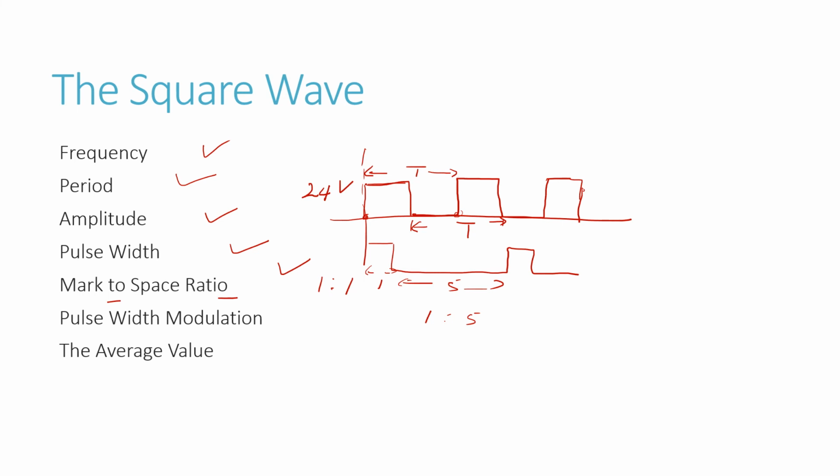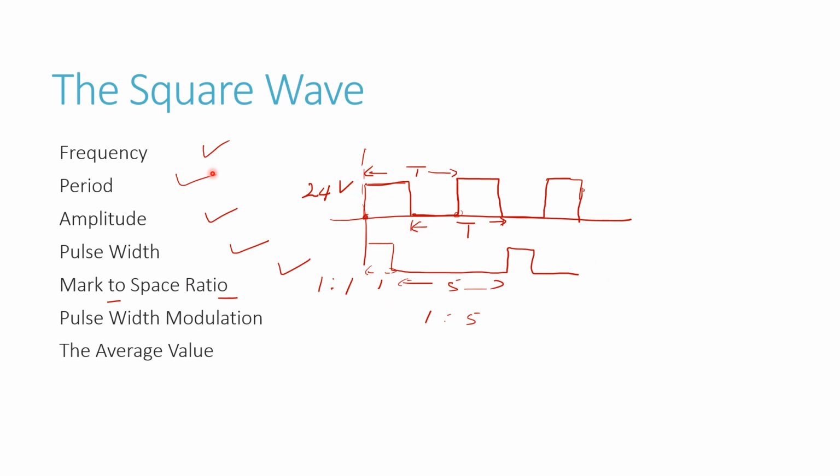Now, pulse width modulation, as I mentioned, is a means of changing the mark to space ratio, right? And we're going to see how that will affect the average value. Now, let me give you an example. Let's say we had to calculate the average value of this waveform here. What is the average value?